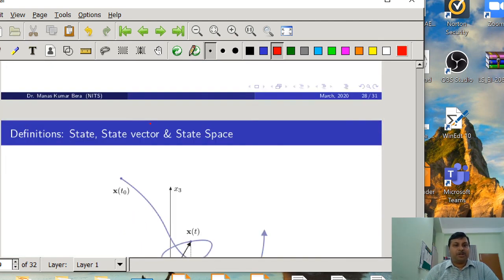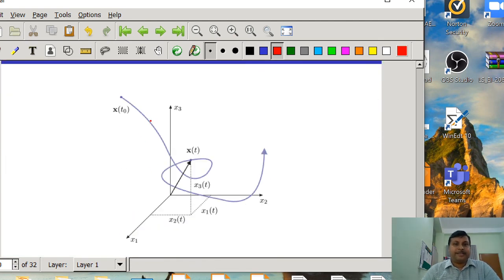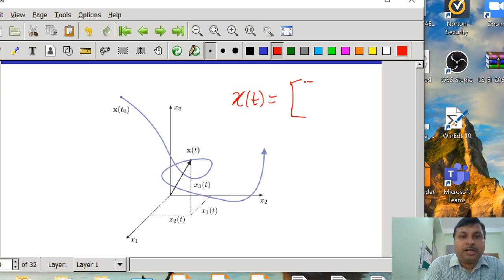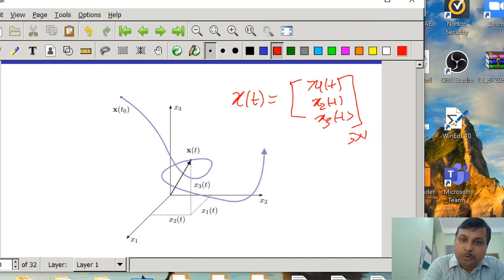So now we will consider a figure to understand the system trajectory and the state space, which is three-dimensional. Here, suppose we have taken a state vector x(t) which has three components, that is x1(t), x2(t), and x3(t). The three components are the three axes of the state space, x1, x2, and x3.